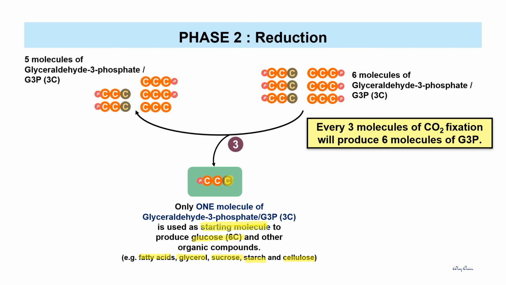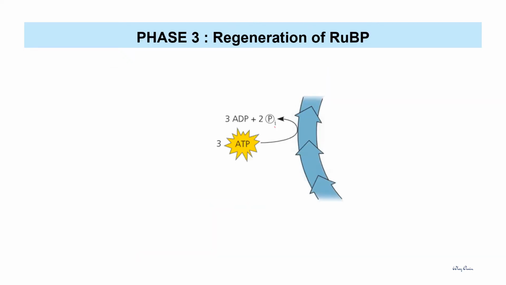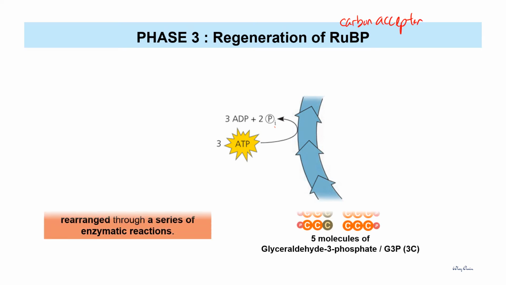And the remaining 5 molecules of glyceraldehyde 3-phosphate will proceed to the next phase of the Calvin cycle. The last phase of the Calvin cycle is the regeneration of the carbon acceptor, which is RuBP. So we start with the remaining 5 molecules of G3P from the second phase.